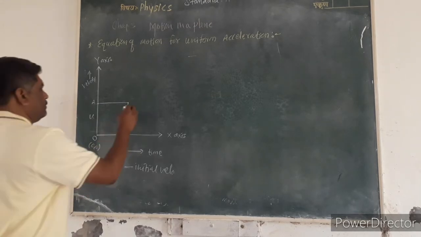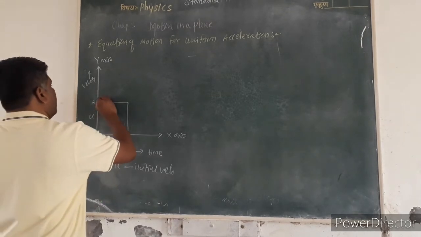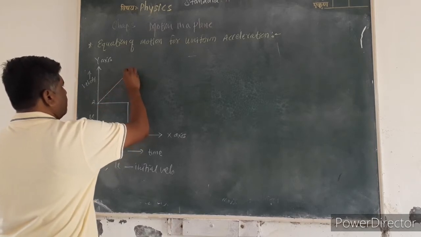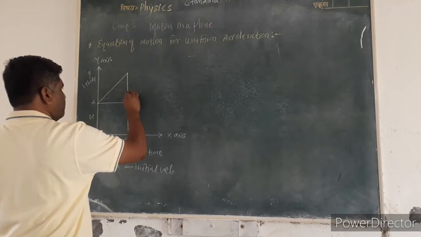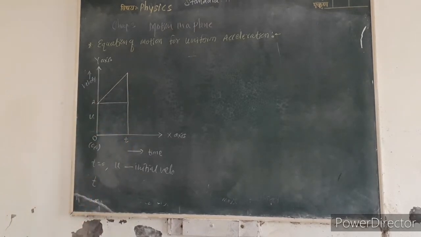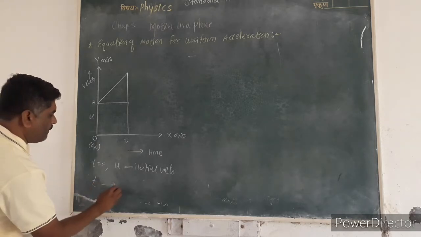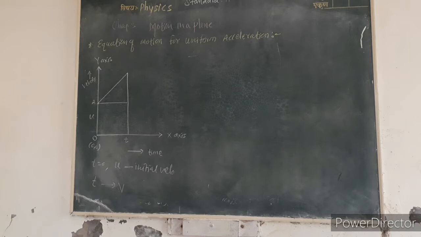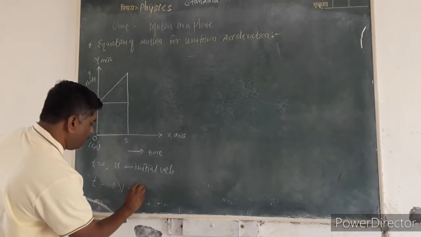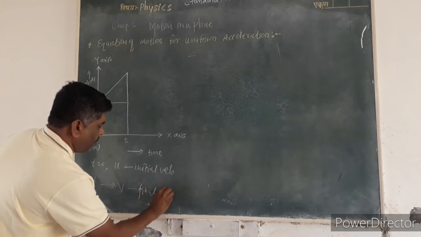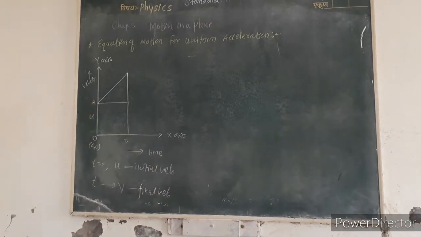At some time t, the velocity increases. If time is t, its velocity changes, increasing from u to v. This is called the final velocity.